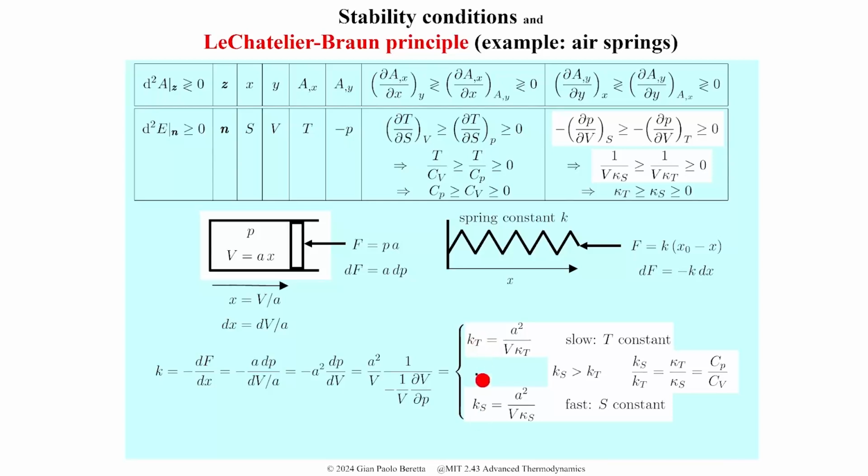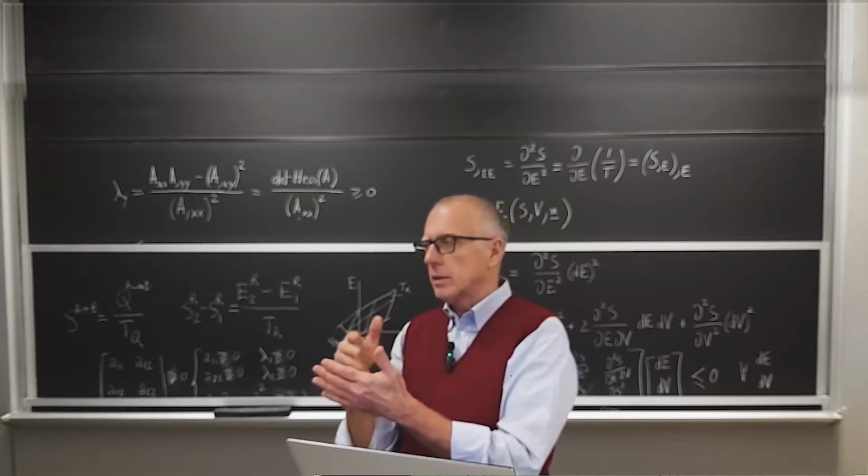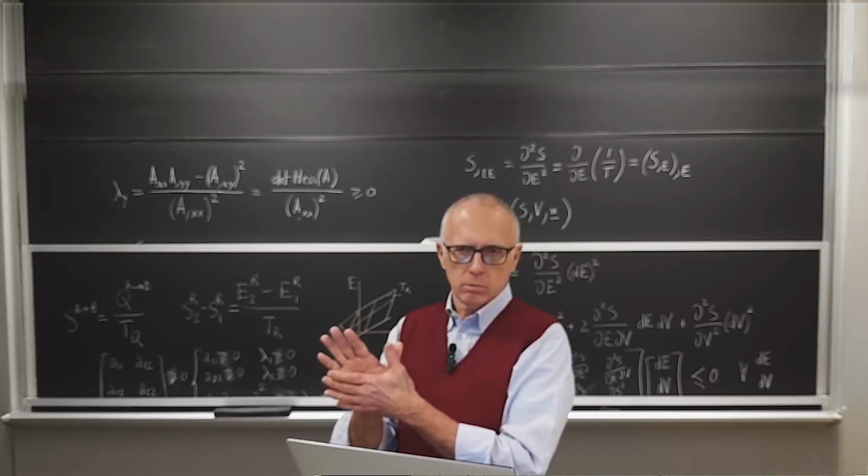And so you see that the ratio of these two spring constants is equal to Cp over Cv, which for air is 1.4, we just reviewed. So that means that if you act on the spring fast, you get a spring constant that is 40% higher than if you act on the spring slow.